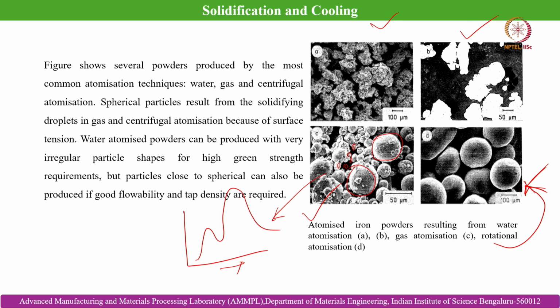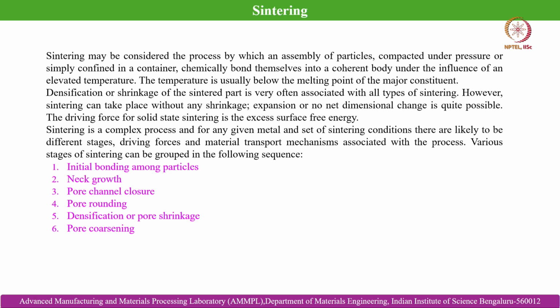Whereas powders having uniform size distribution and spheroidal particle shape can provide much higher sinter density and mechanical and physical properties. Okay, so with this we are done with the atomization aspects.